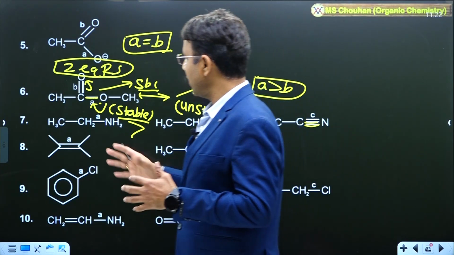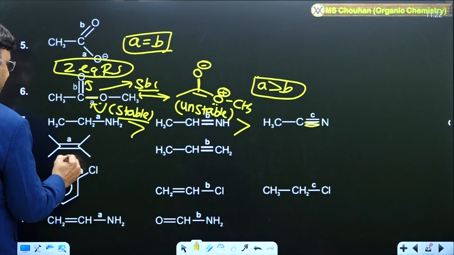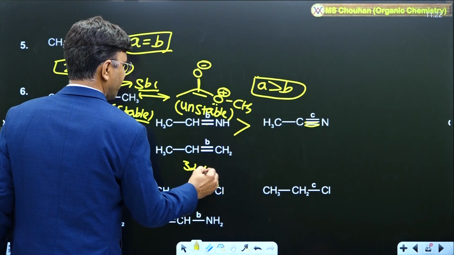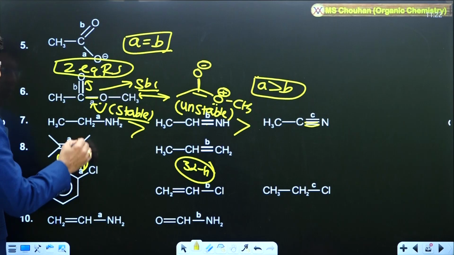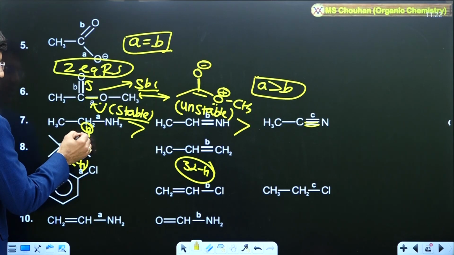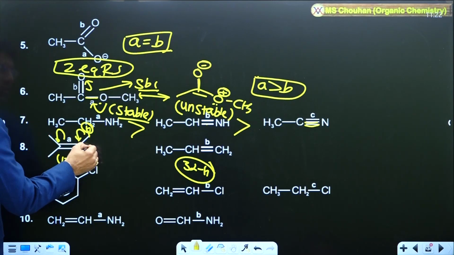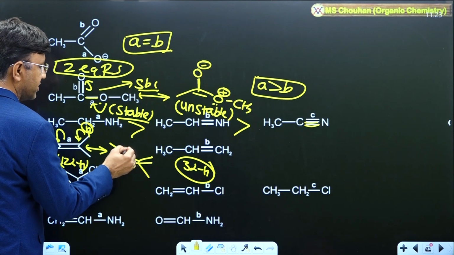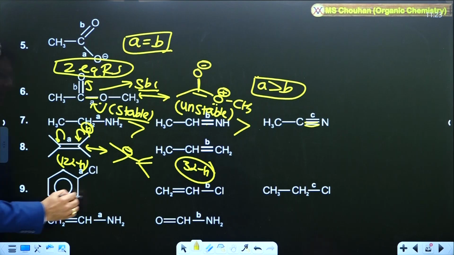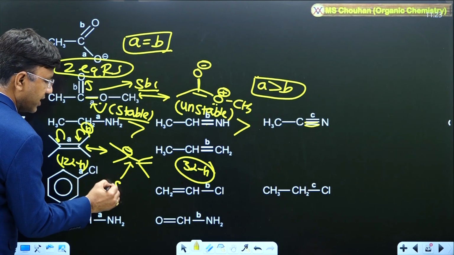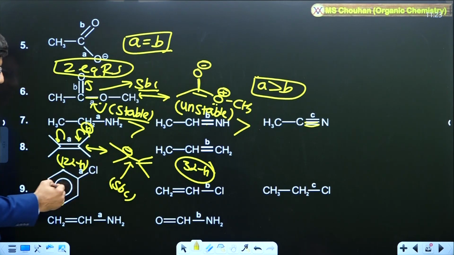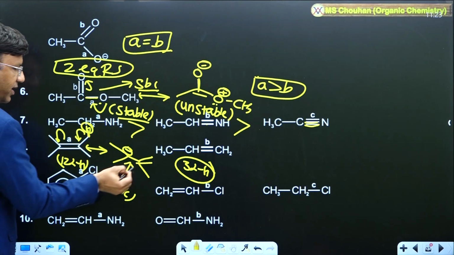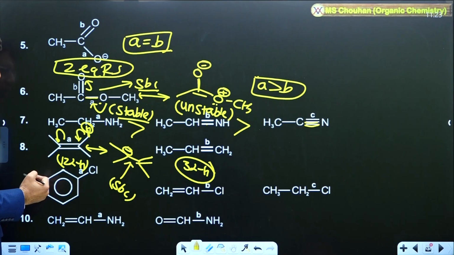Now, how many alpha hydrogens in A? In A, we have 12 alpha H. In B, we have 3 alpha H. Now, out of 12 alpha H, when we draw the hyperconjugating structure, this is the hyperconjugating structure. During hyperconjugation, there is single bond character. If I remove one alpha H, there is one hyperconjugating structure with single bond character.